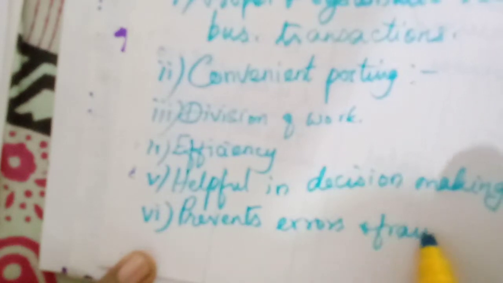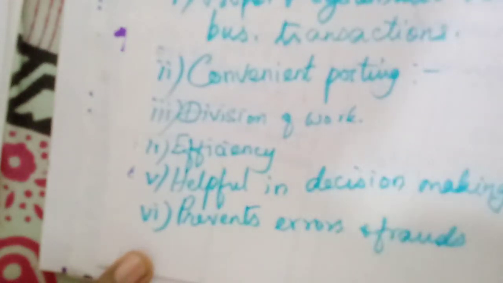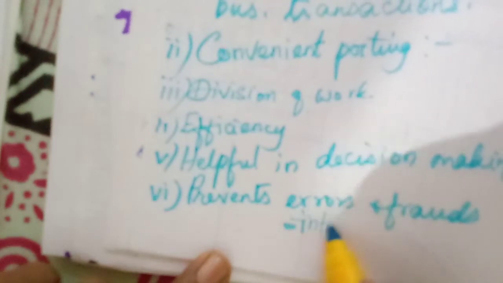Then the next point, prevents errors and frauds. Here in business organizations, there is internal check in the accounting section. What is the meaning of internal check? Internal check means one person's work will be checked by another person.